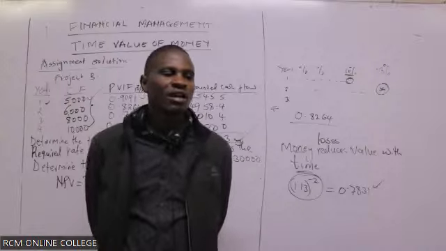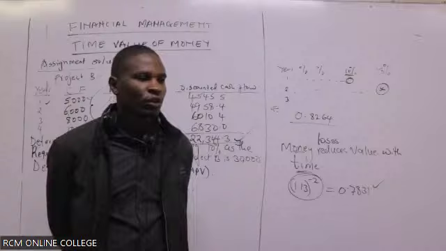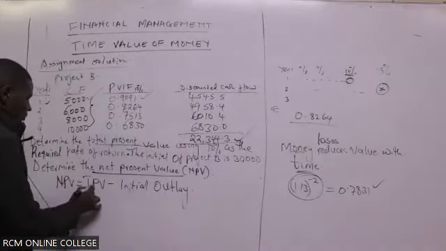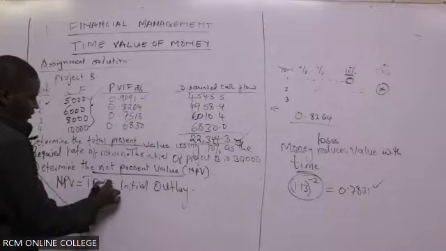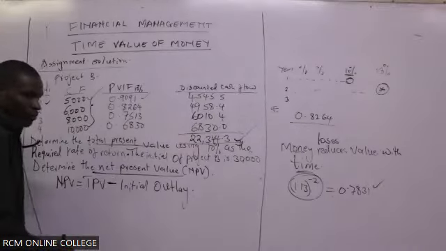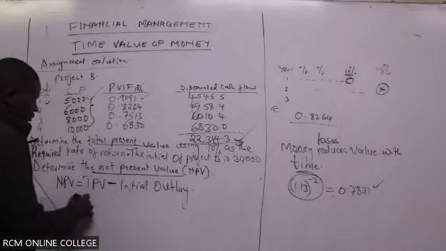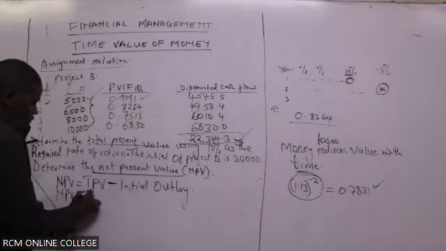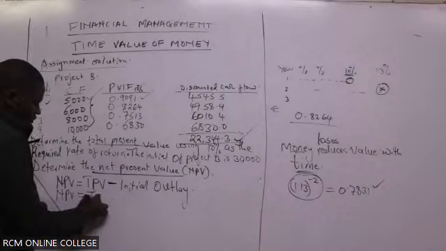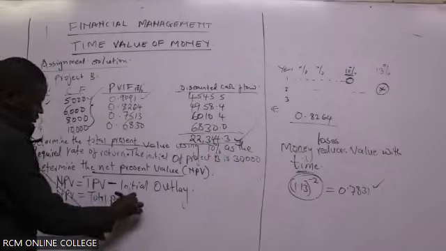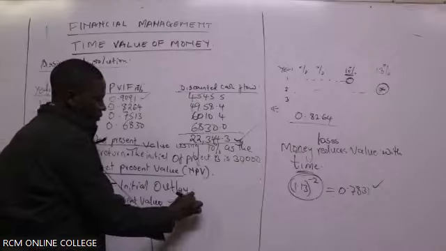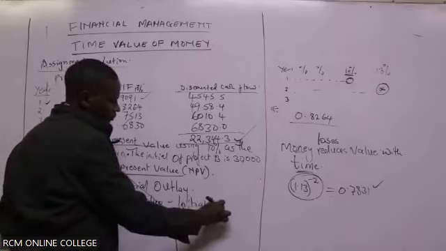Review your answer. Use the calculator very well. Net present value is the total present value minus initial outlay. Or in short, we can say net present value is equal to total present value minus initial outlay.